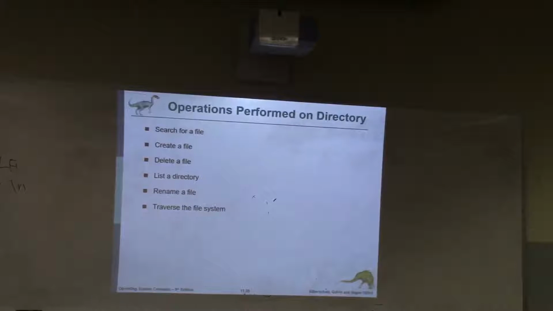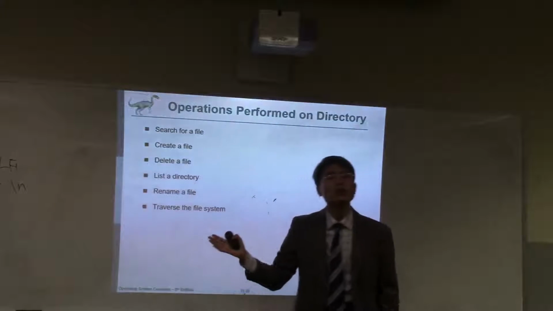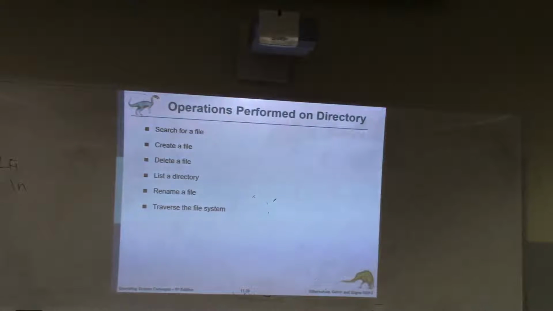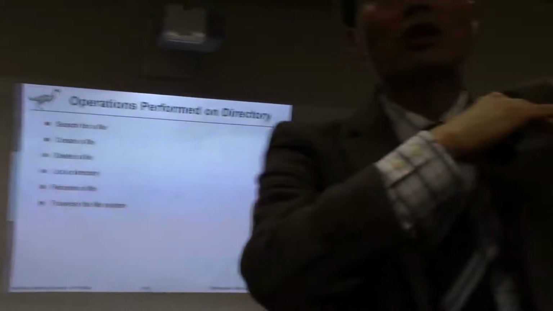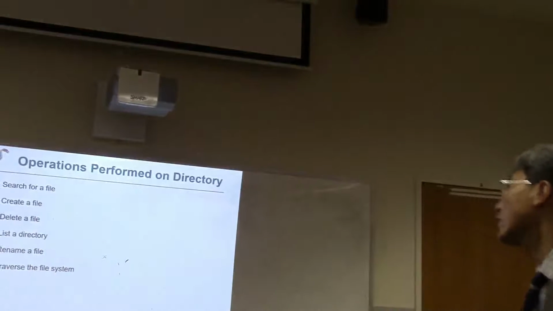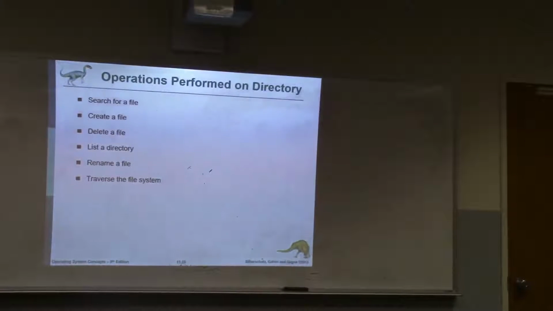So what can a directory do in the file system? You can search for a file, create a file, delete a file, and so on. Which means if you are implementing the directory structure of a file system, when you develop it, you need to decide the directory structure and file structure. Once you define the directory structure, it should have several methods, that is, operation methods. It should be able to search for a file in the directory, create a file, and delete a file.